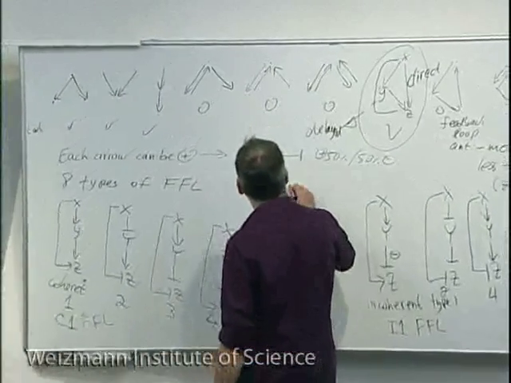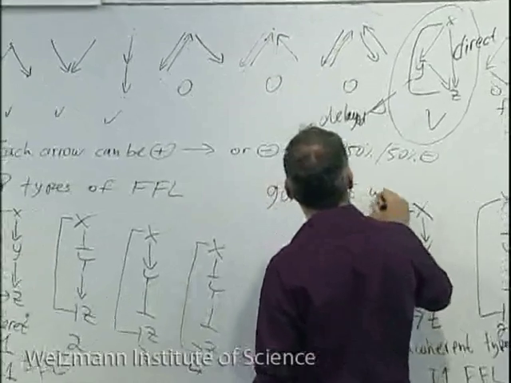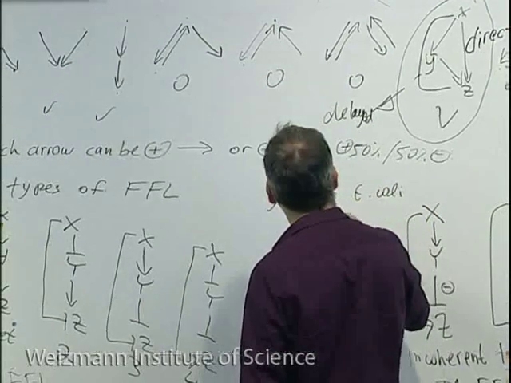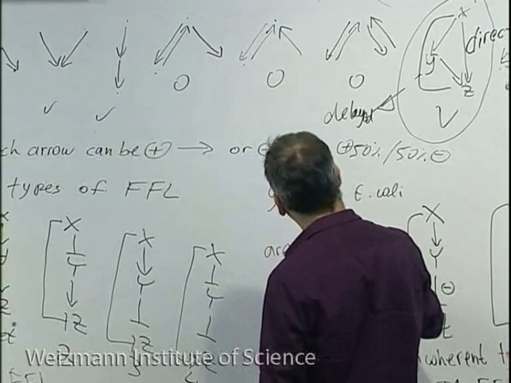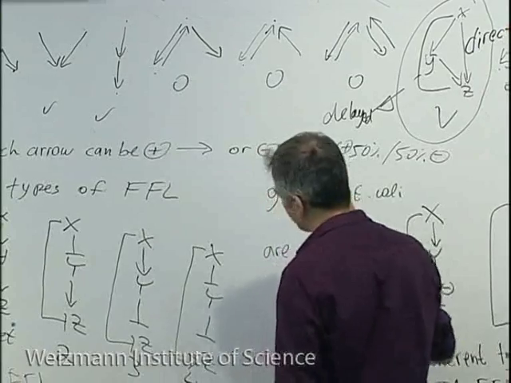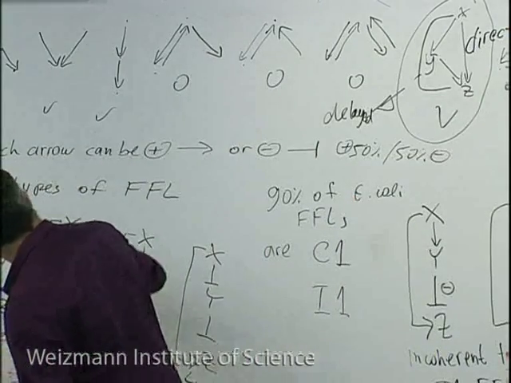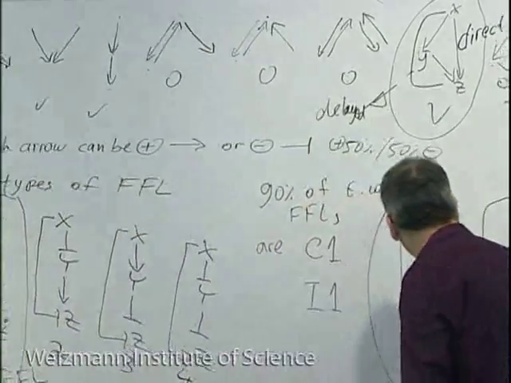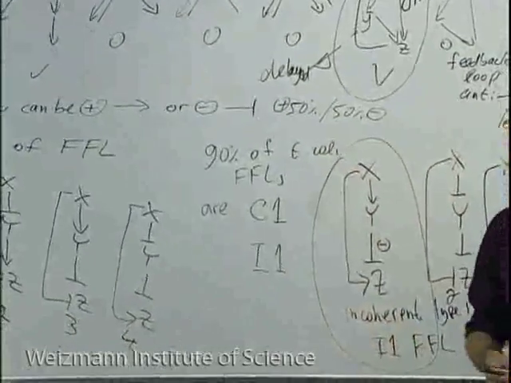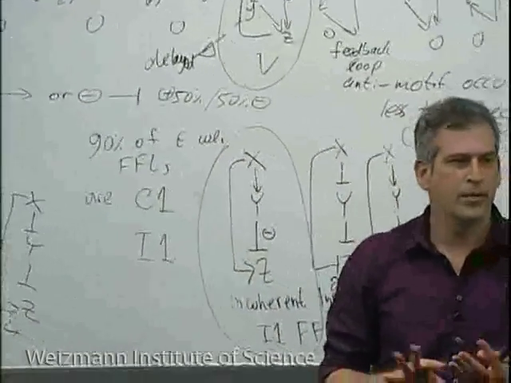90% of E. coli FFLs are coherent type 1 and incoherent type 1. This one and this one. And the other ones occur, but much more rarely.